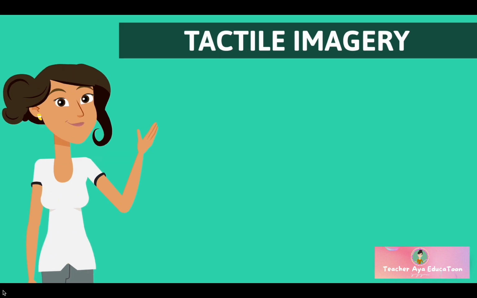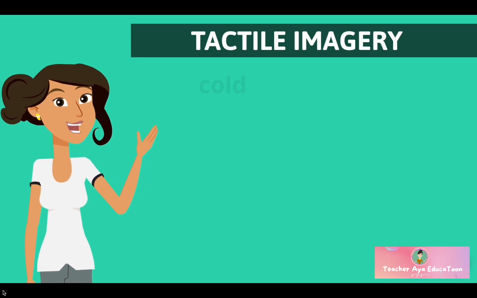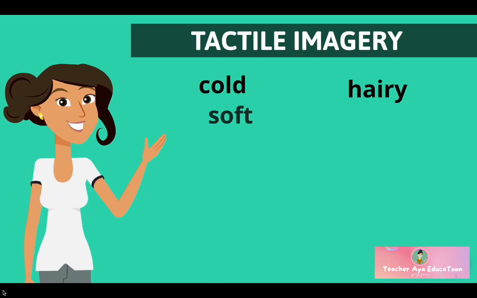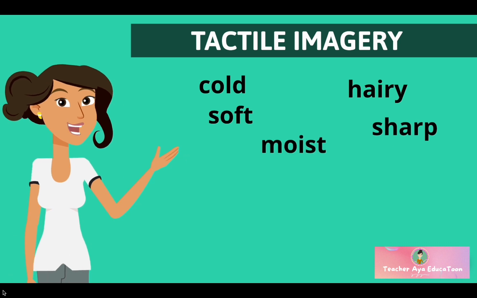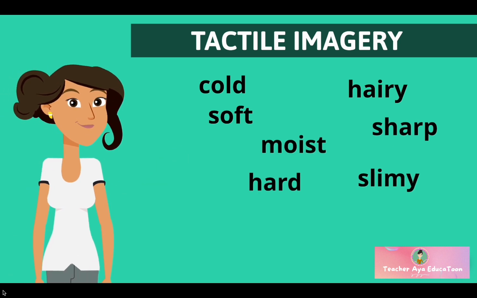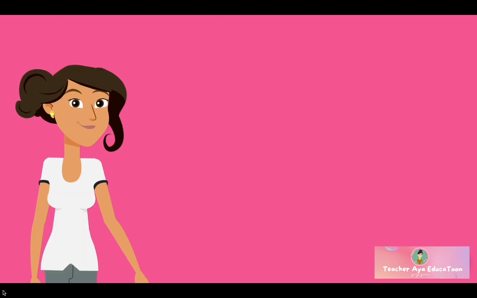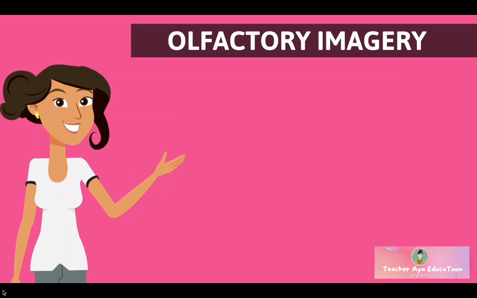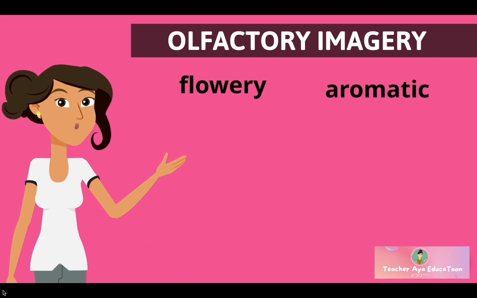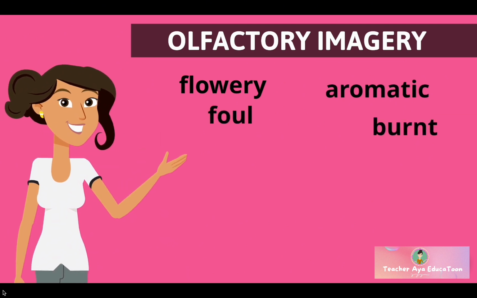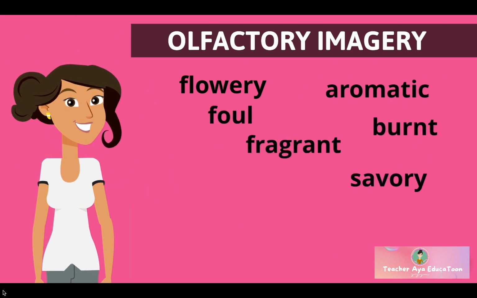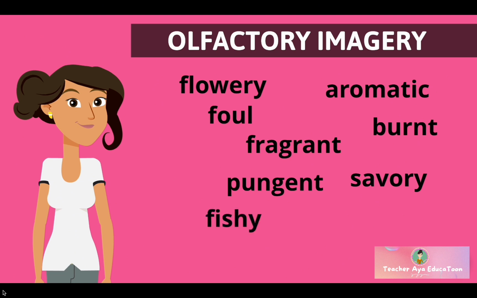You may use these words for tactile imagery: cold, hairy, soft, sharp, moist, slimy, hard, and velvety. When using olfactory imagery, you may use the words such as flowery, aromatic, foul, burnt, fragrant, pungent, savory, and fishy.